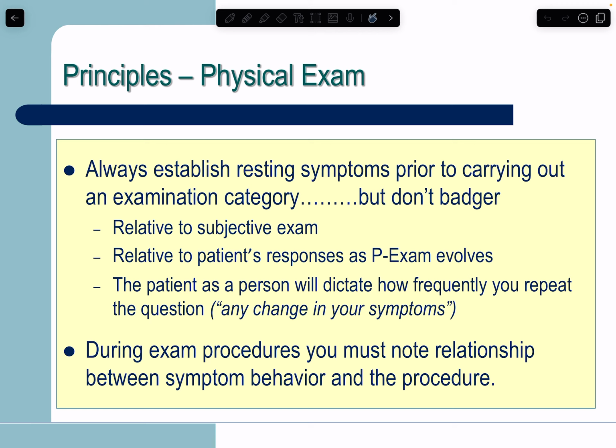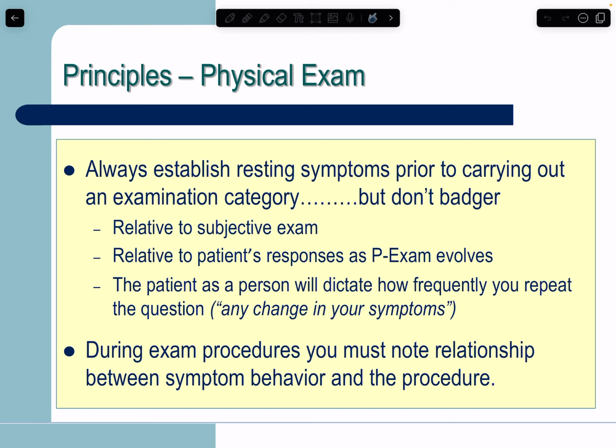Okay, let me know if it gets worse as we're doing this testing. Please tell me when it increases or decreases your pain. Those are things you have to know. But persistently saying it every time is not necessary. But don't assume that they don't have any resting pain until you've made sure to clarify.